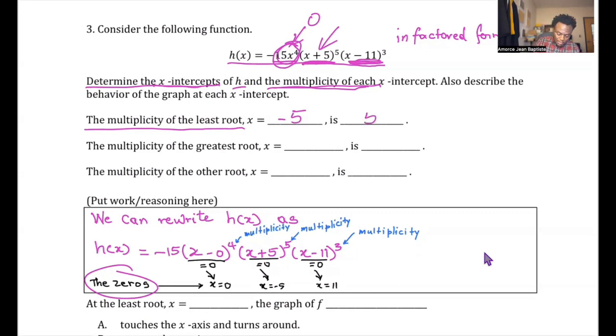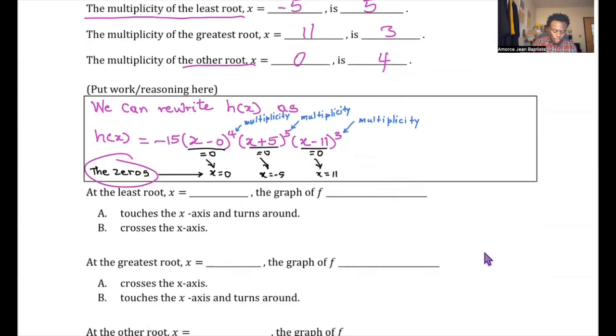That is 5. The multiplicity of the greatest root, x equals 11, is, what was the multiplicity for 11? That is 3. And the only one that's left is 0, and the multiplicity was 4.